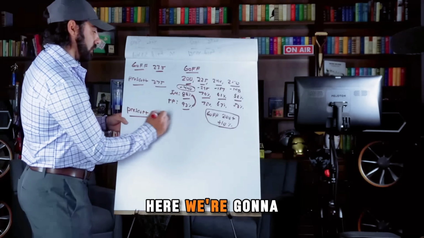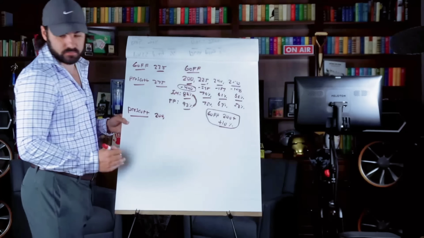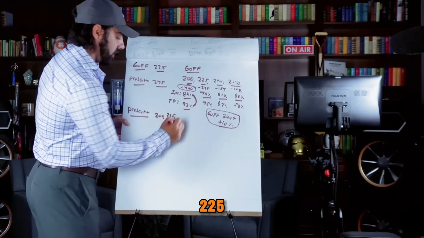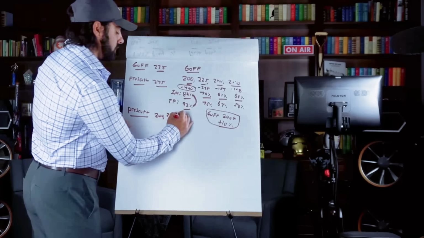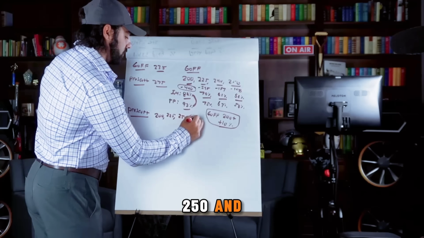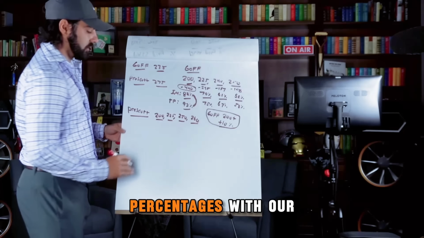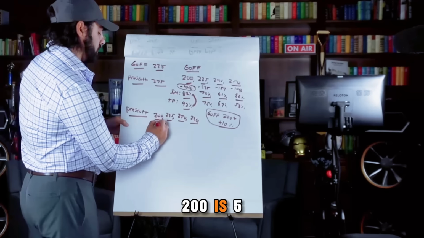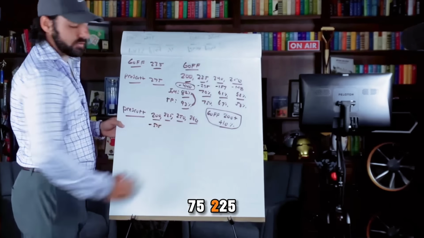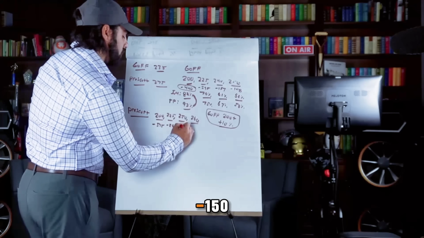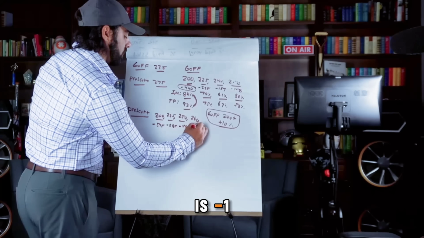So for Prescott here, we're going to go 200, 225, 250, and 260. And we're going to do the same exact thing here. Let's find our percentages with our odds. 200 is minus 575, 225 is minus 285, 250 is minus 150, and 260 is minus 120.